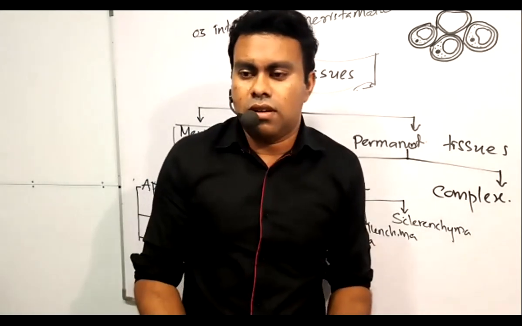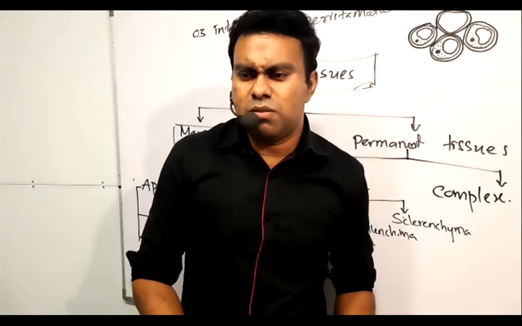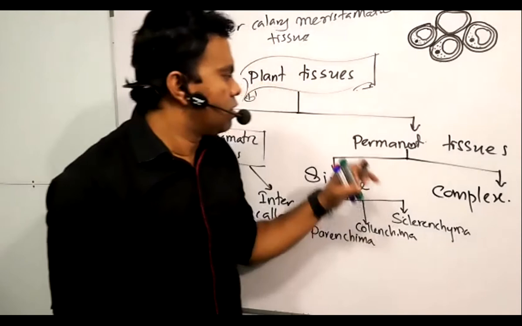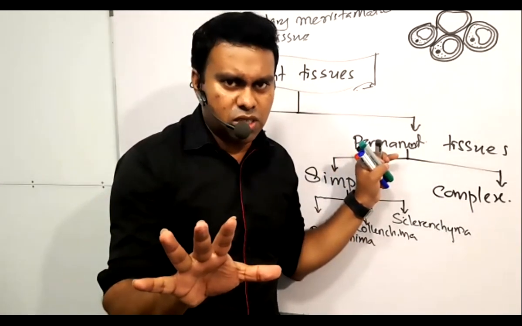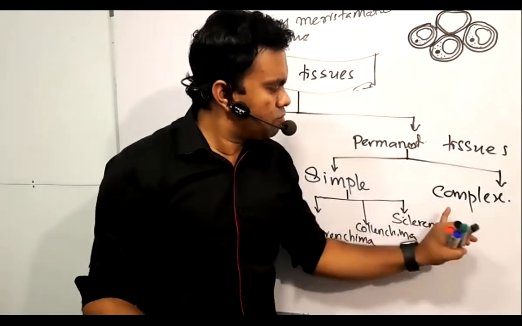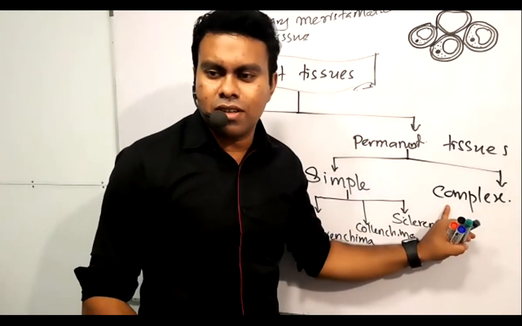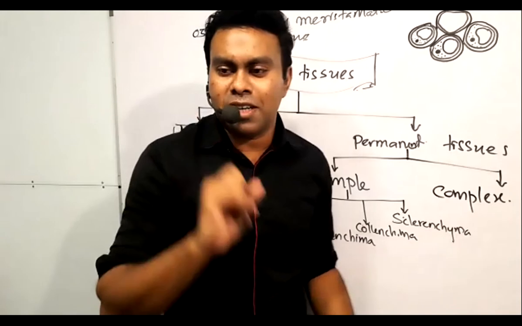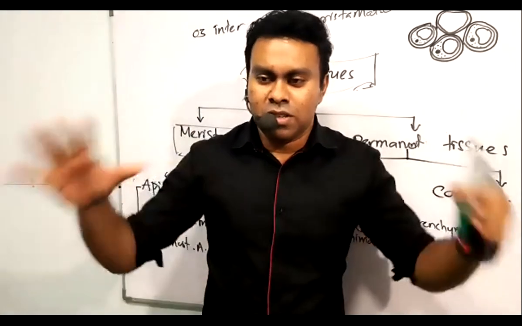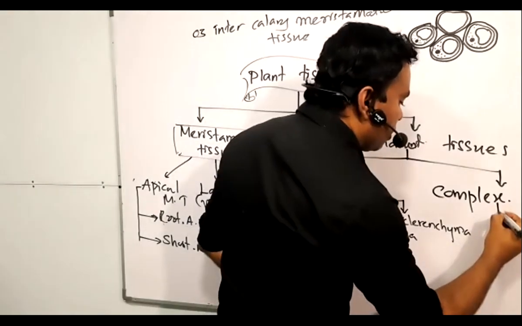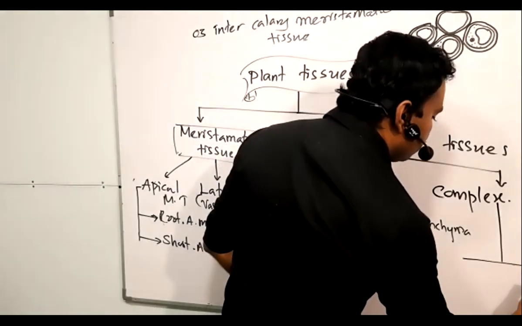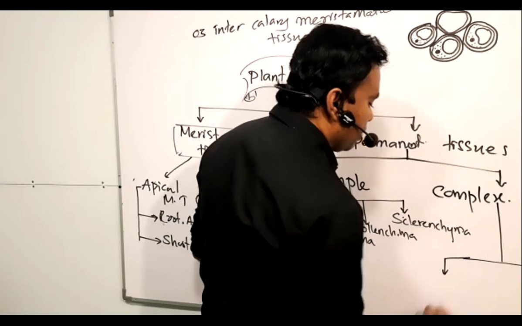Complex. What does it mean by complex? Permanent, never subjected to the process of cell division. Complex means they have more than one type of cell. They have different types of cells. There are two types of complex permanent tissues.